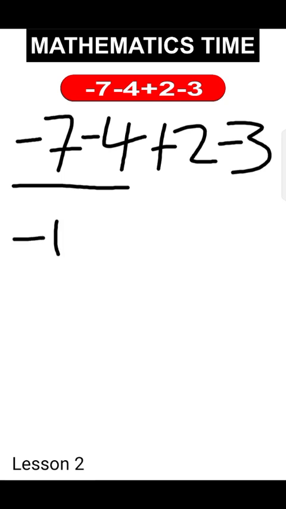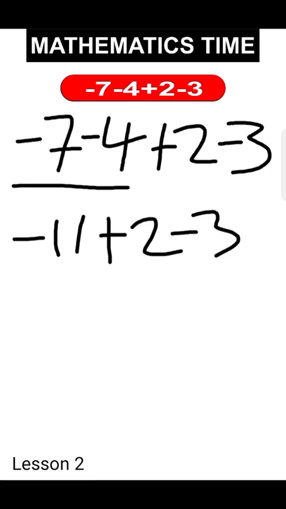So you owe me negative 11. Let's add plus 2, negative 3 to it. Now we solve for these two. Here 11 and 2, you ask yourself, which of them are you owing and which of them do you have? You are owing 11, but you have 2. So when you pay off the 2, you still owe 9. That's negative 9. We add negative 3 to it.